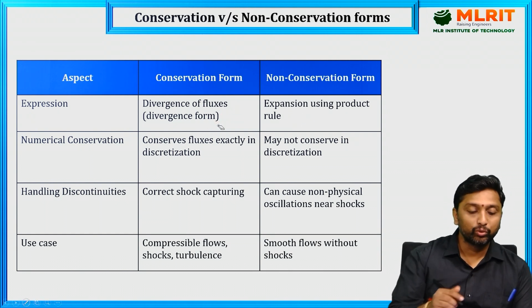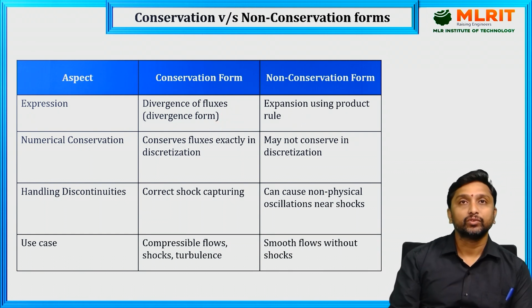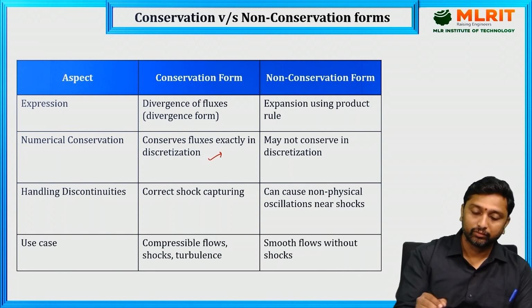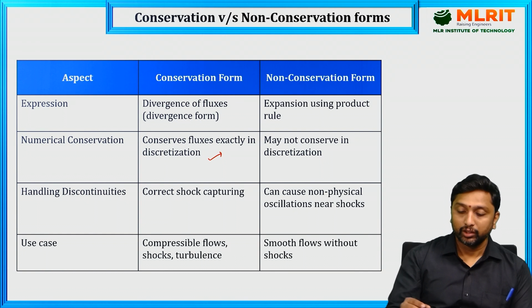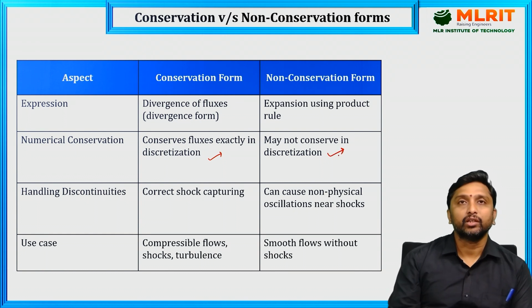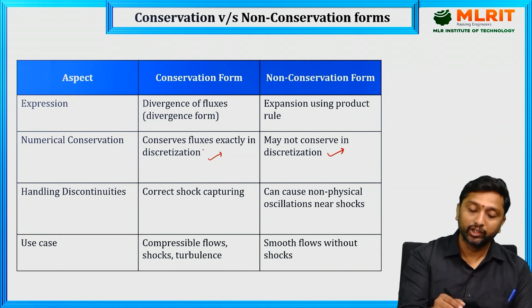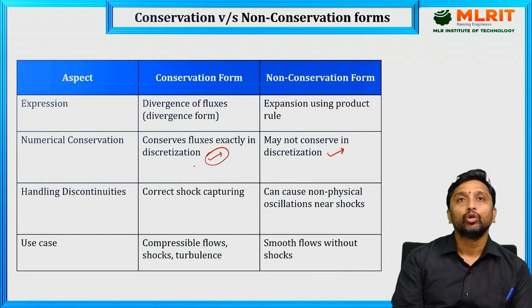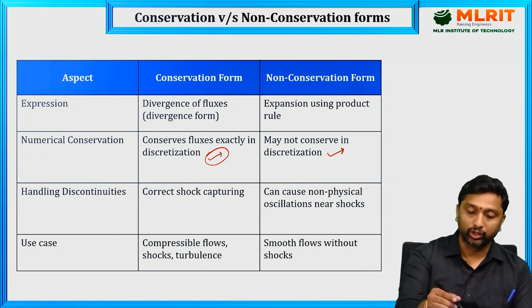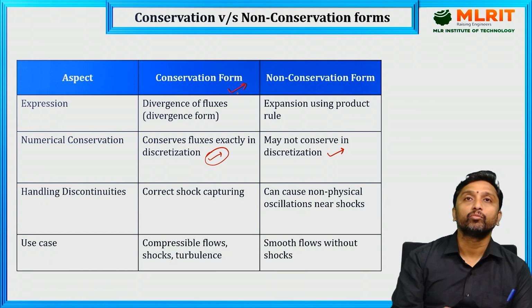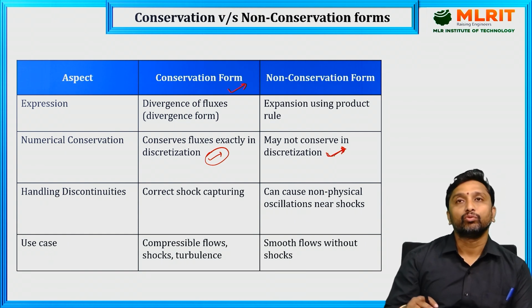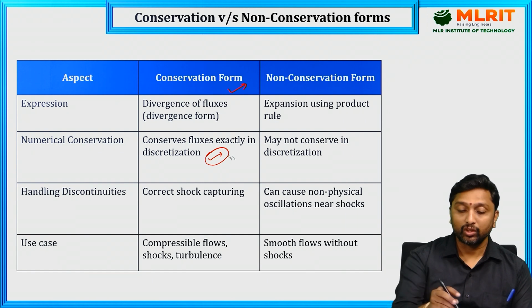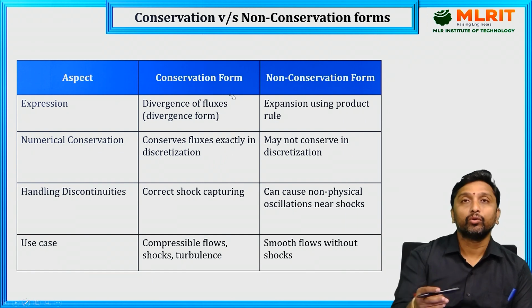When coming to numerical conservation, the conservation form conserves flux exactly in the discretization, and the non-conservation form may not conserve. That is, as I said already, the fluxes are taken into account wholly. That is, global conservation is considered in conservation form. That may not be possible with non-conservation form because of the movement of the domain itself.